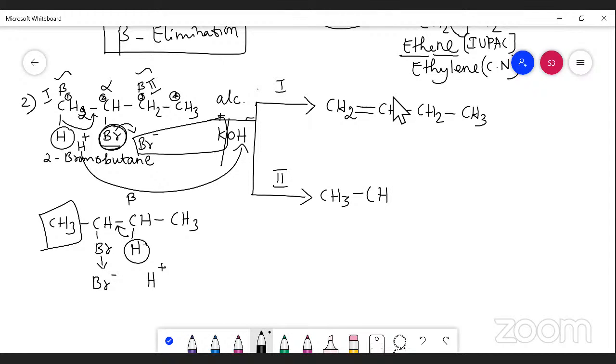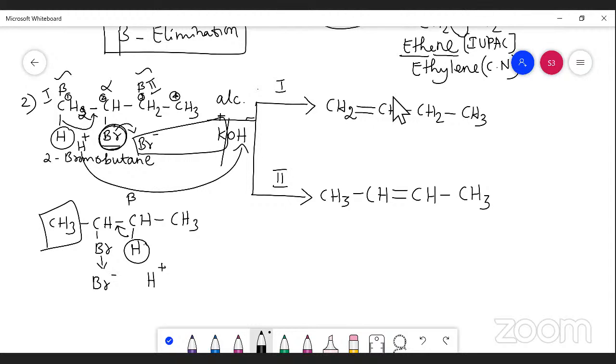And next, there is already one single bond. I am going to add one more bond, and that becomes a double bond. And here, CH3. Look out: the two products come from the same elimination reaction, but I took two pathways.